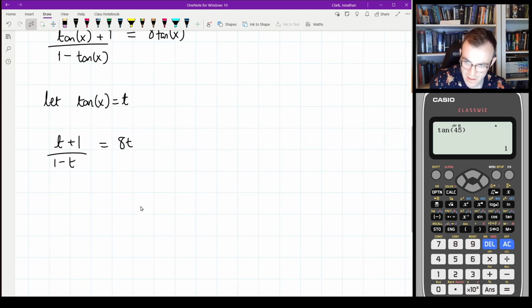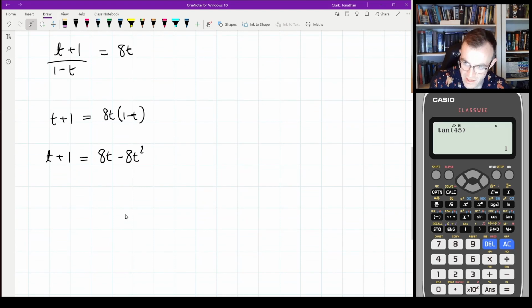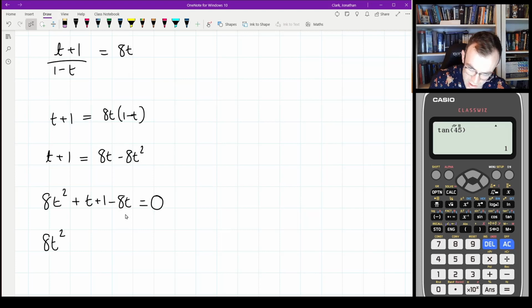And let's take that up, expand the bracket, and take it all over to the left side to get 8t squared. Actually, let's just write it down bit by bit. 8t squared minus 7t plus 1 equals 0.